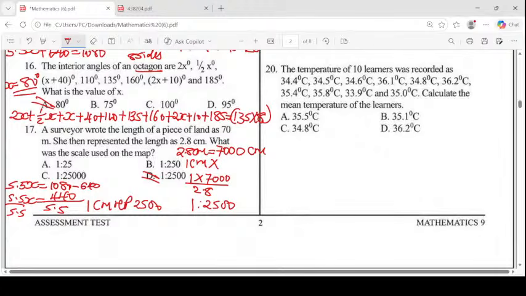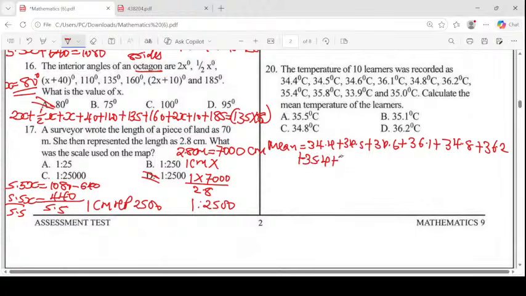Question 20. The temperature of 10 learners were recorded as this. Calculate the mean. I'm going to take 34.4 plus 34.5 plus 34.6 plus 36.1 plus 34.8 plus 36.2 plus 35.4 plus 35.8 plus 33.9 plus 35.0.